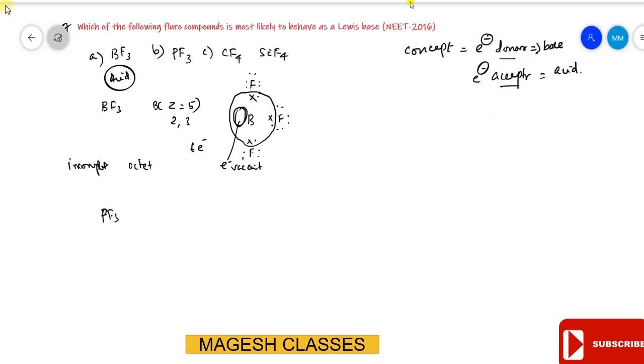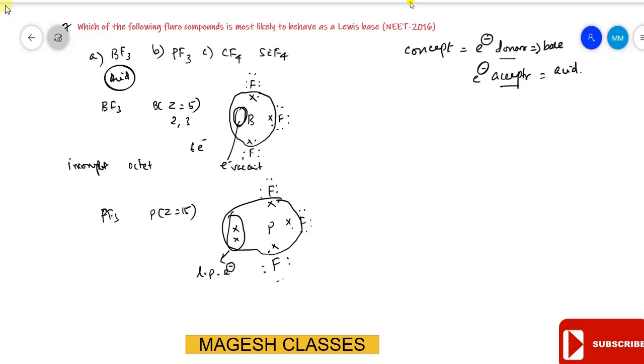Phosphorus trifluoride. Phosphorus atomic number is 15, so the outer shell consists of 5 electrons. As in the first example, each fluorine shares 1 electron. The octet consists of totally 8 electrons, so it is a complete octet. But in addition, a pair of electrons is present. This is called a lone pair of electrons.